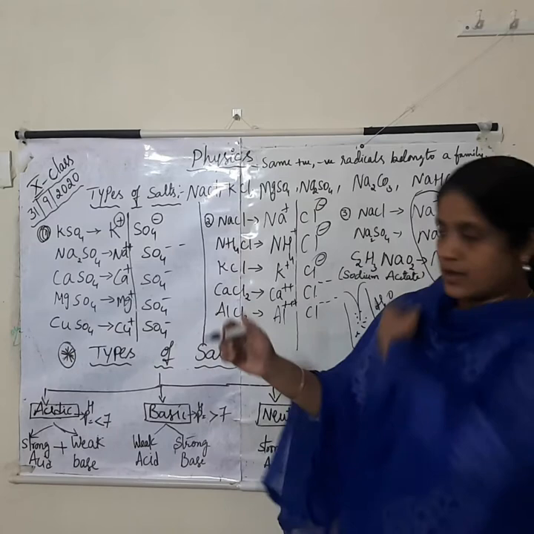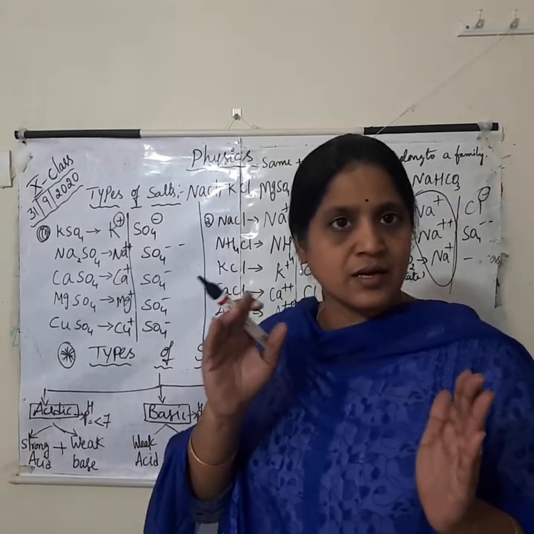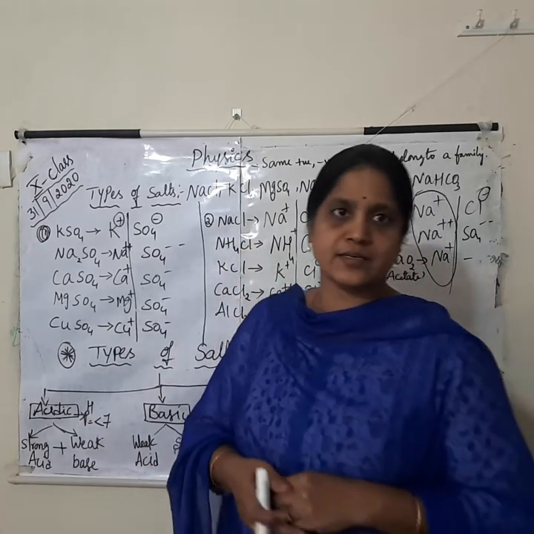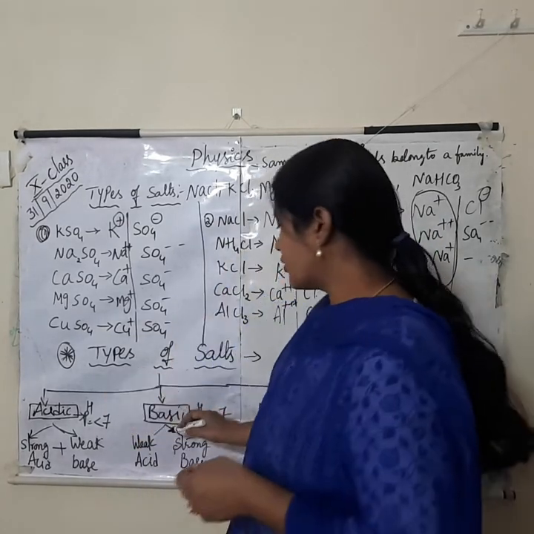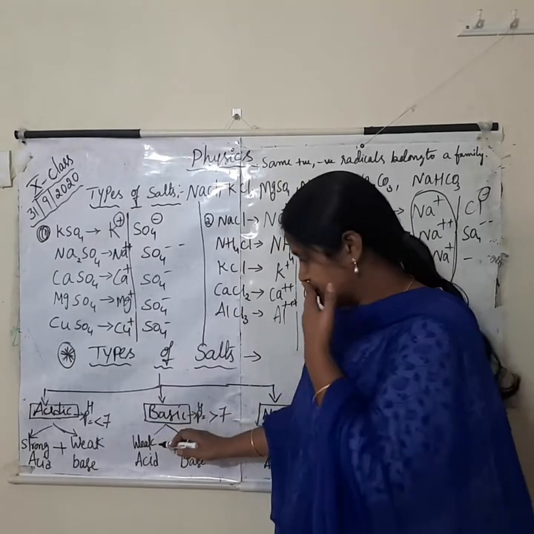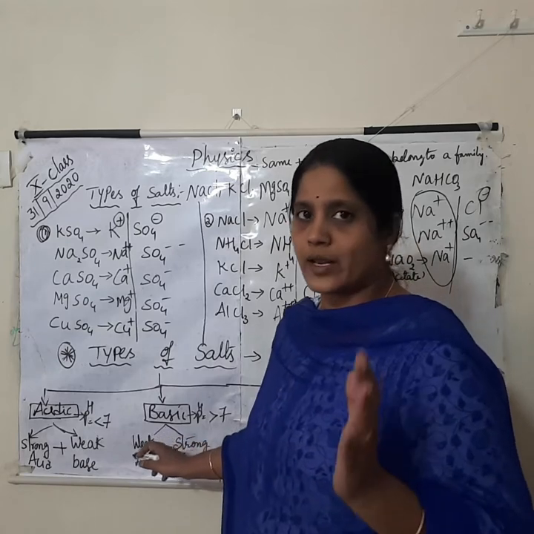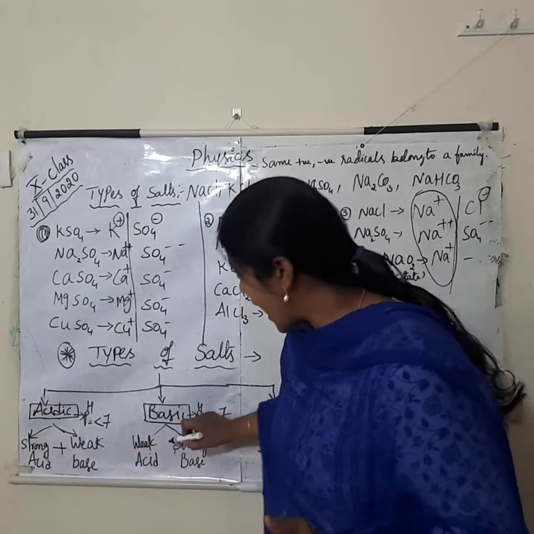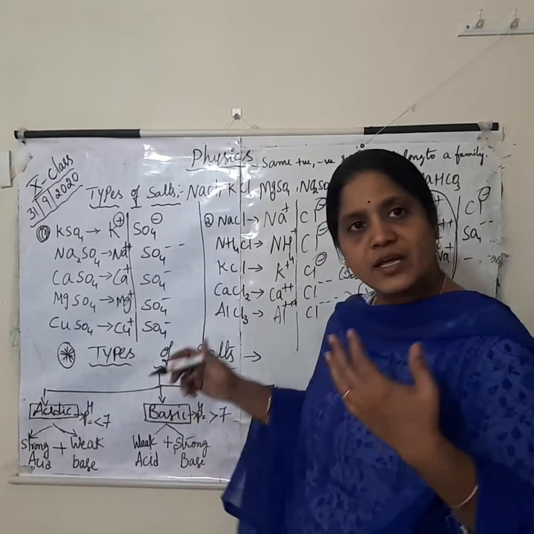Now coming to the basic salts. Here the basic salt is having more basic characters, meaning base ions are more. If a weak acid is combined with a strong base, then we get salt.